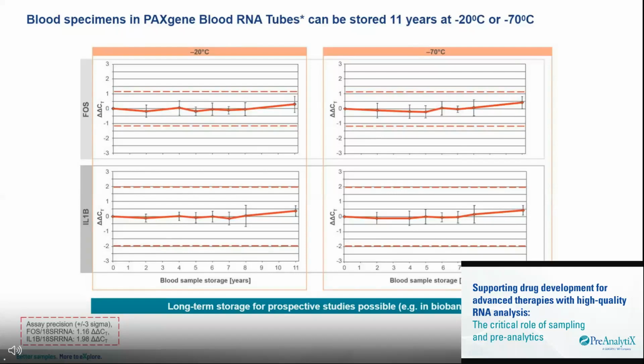But it is important to see that the transcript levels are not, in fact, impacted by long-term storage at those freezing conditions. 11 years was the endpoint of this study, but we meanwhile have evidence, also published with a scientific poster, that blood samples are stabilized for up to 17 years of storage at -80 degrees. That is especially important for biobanking purposes.